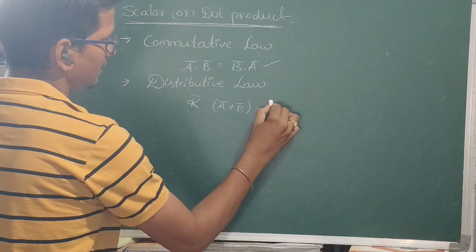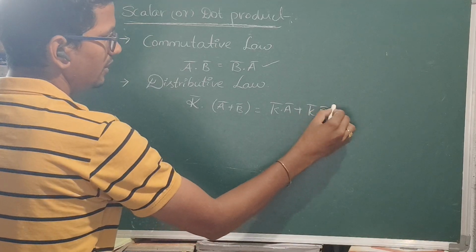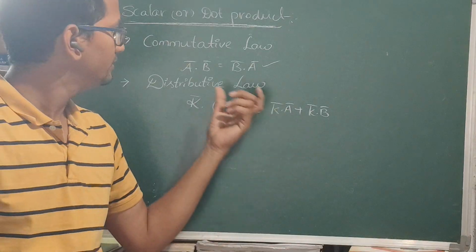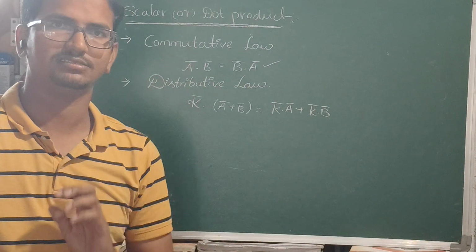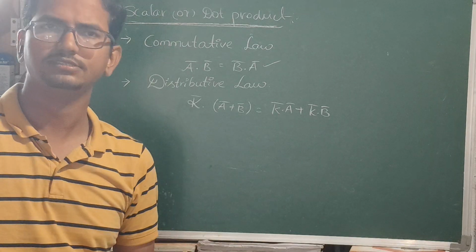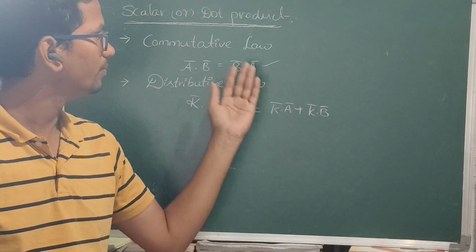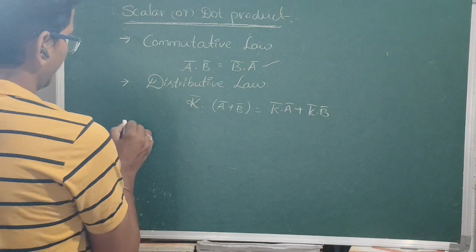What do we need to write? K bar dot A bar plus K bar dot B bar. If you give values, the same will be obtained. It obeys the distributive law. We already discussed the distributive law in the laws of vector addition and subtraction, and we got the same. The distributive law is always obeyed by the dot product or scalar product.